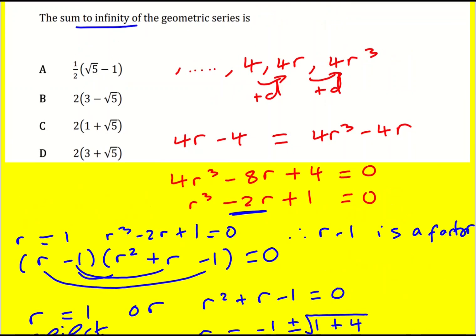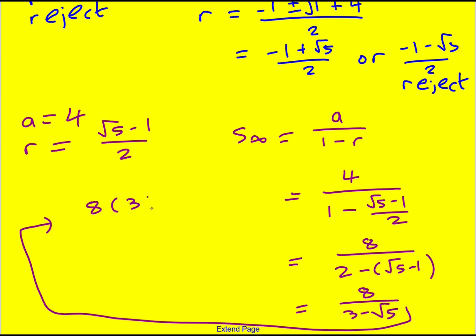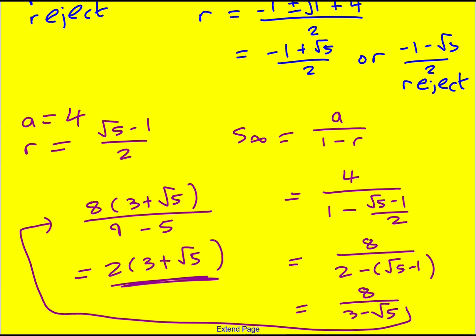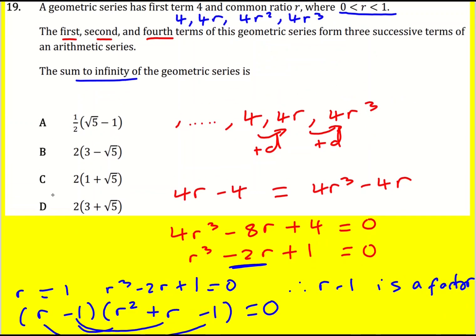And now you can see in the answers they've rationalized the denominator. So I just have to do that. I get 8 times 3 plus root 5, multiplying top and bottom by 3 plus root 5. On the bottom, 9 minus 5 becomes 4, so I get 2 times 3 plus root 5. Nice question. That is the sum to infinity, 2 times 3 plus root 5, which is D.